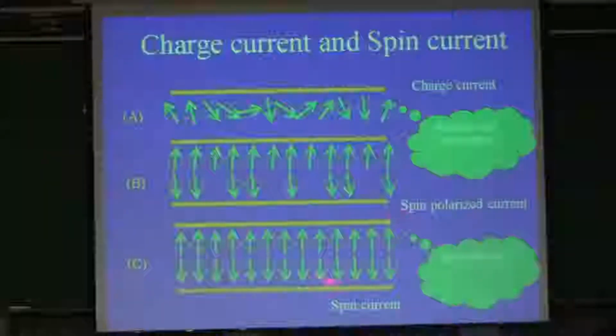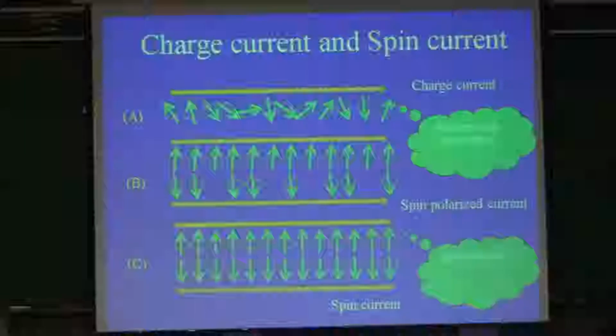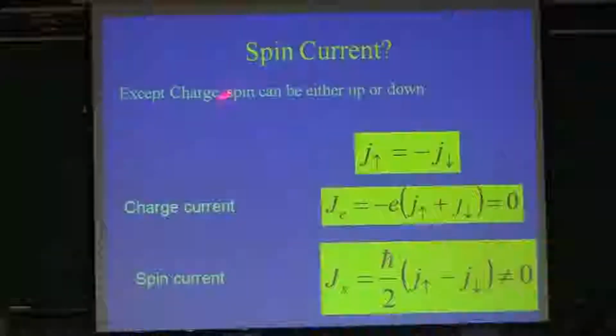So the charge current disappears, but you have the pure spin current. So what is the spin current actually? Except for the charge, spin can be either up or down. So if you have the pure spin current, you will see no charge current, because these two move in opposite directions. So the total charge current is 0, but the spin current is not 0.